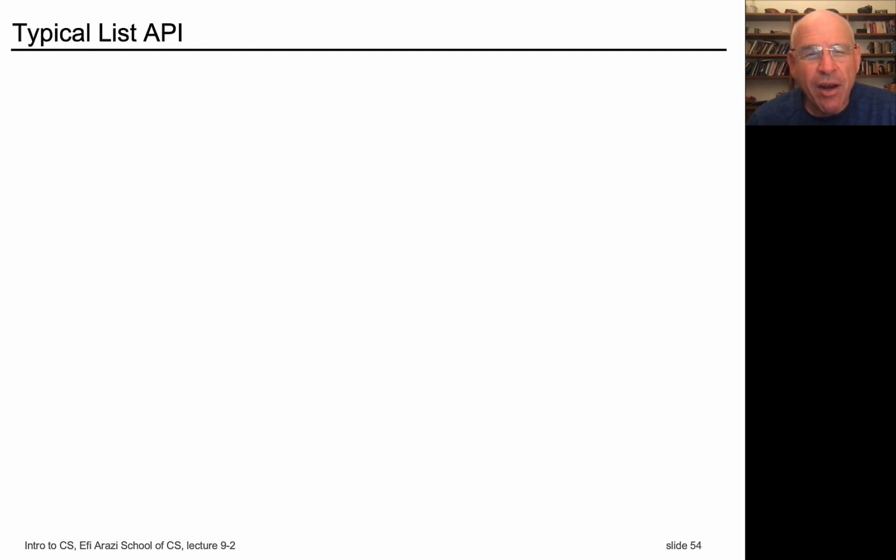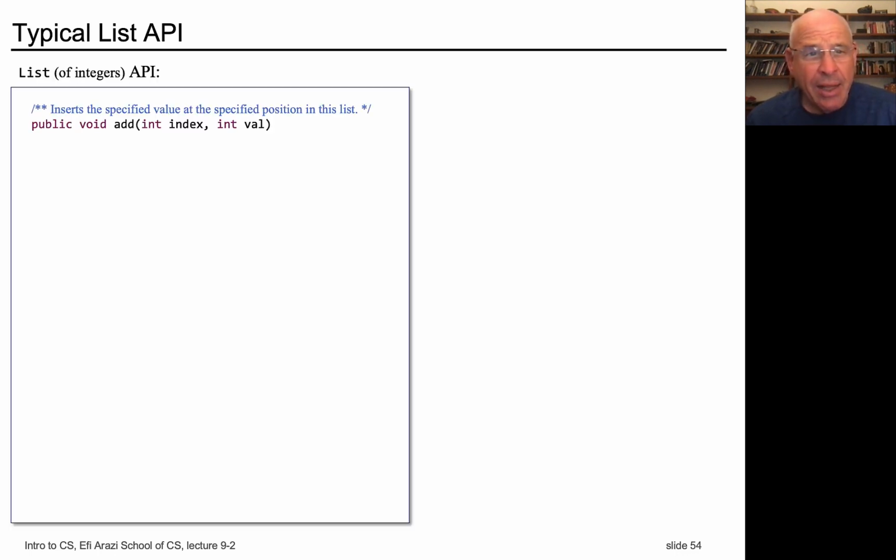All right, moving along. I showed you the basic operations that I wanted to show on lists, and let's begin to wrap up. Here is the API of a typical list class implementation. We can add elements.